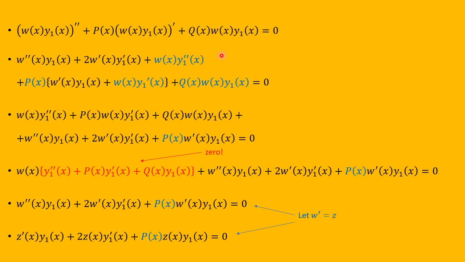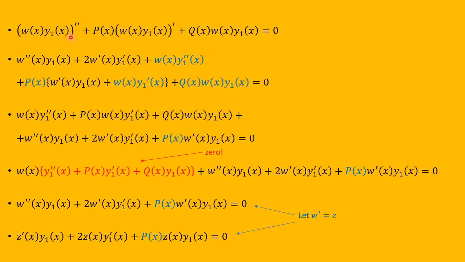If w of x were a constant function, then the next solution we get, y2 of x, would not form with y1 a linearly independent set of solutions. So we're really looking for a non-constant function w of x that satisfies this equation, given that we know that y1 satisfies that equation.